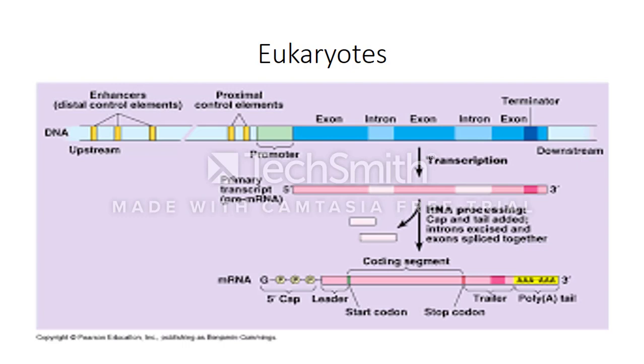Within this region there are introns and exons, and these introns can be taken out using spliceosomes. There are target sequences within the intron and exon regions which allow cells to know where to splice.